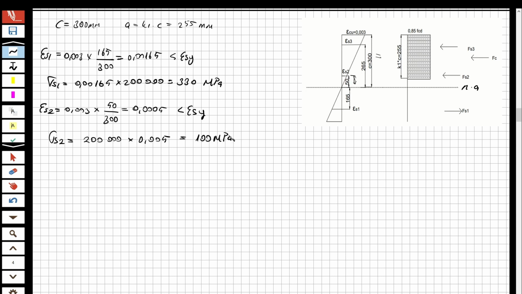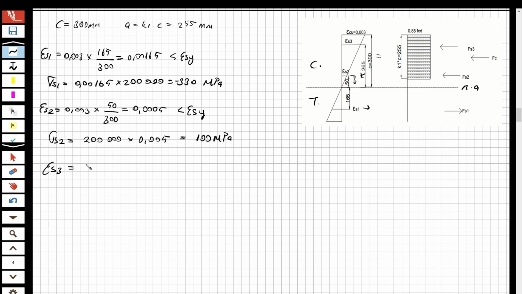But look at here. Here is compression, here is tension. And this steel is at the tension side, so the first steel is negative and the second steel is positive. So let's do it for the third steel.